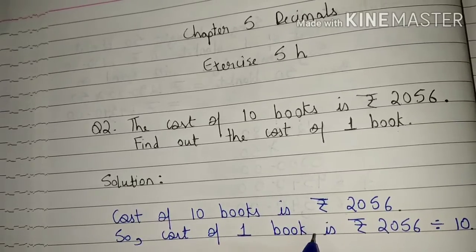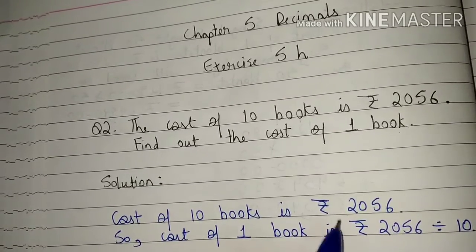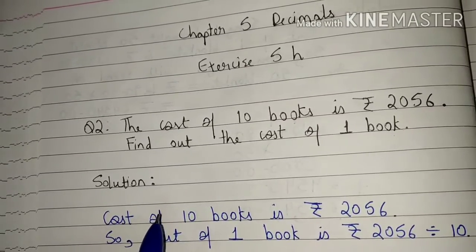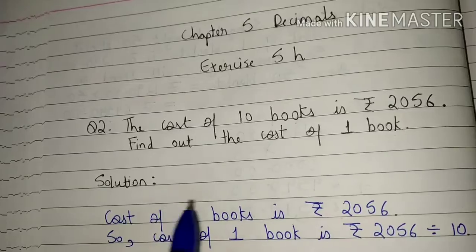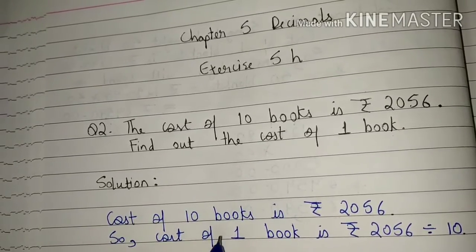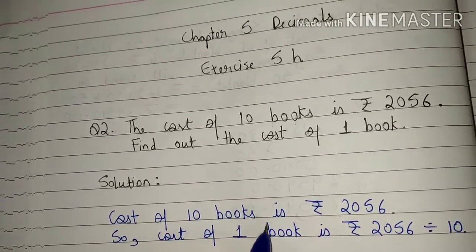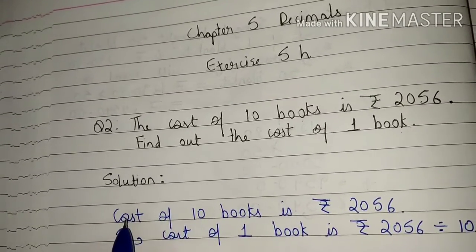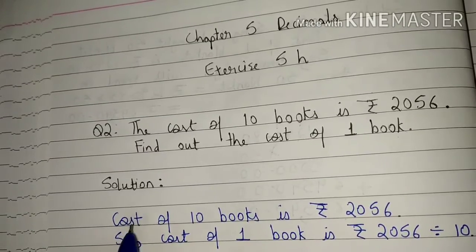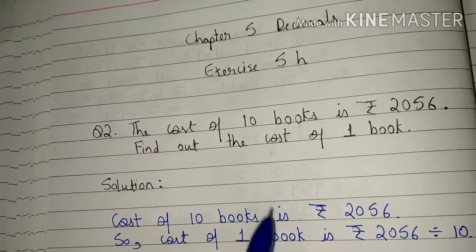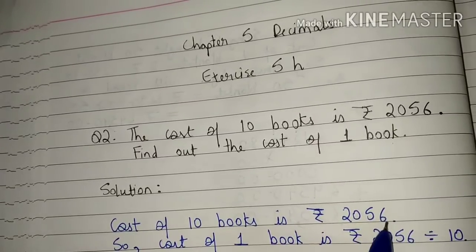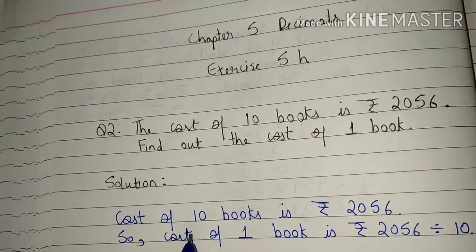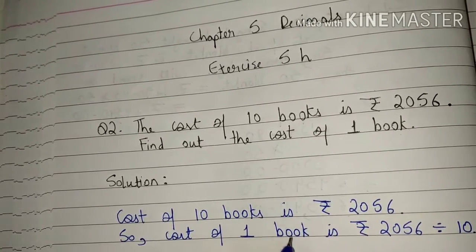So in this question we will do division, because when a larger quantity is given to you and we have to find out a smaller quantity, we always do division. Here the larger quantity is the cost of 10 books, rupees 2056, and we have to find the smaller quantity, that is the cost of one book.